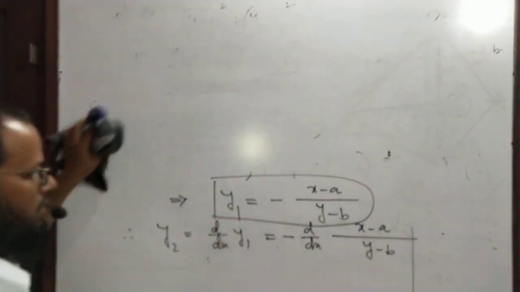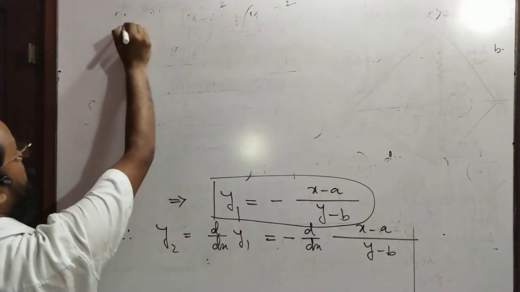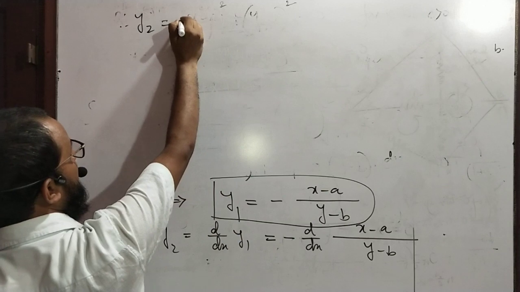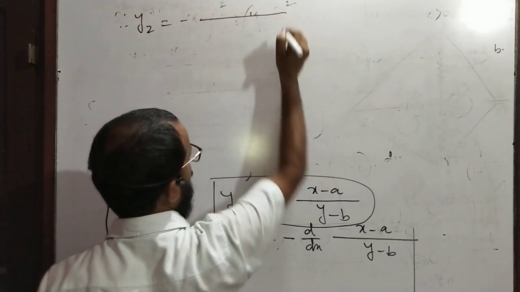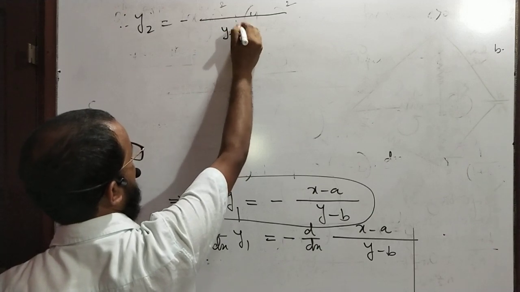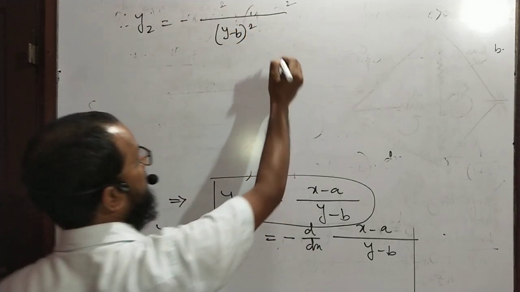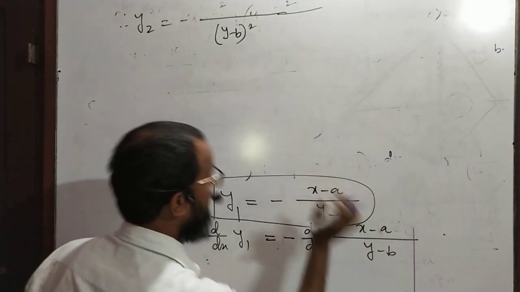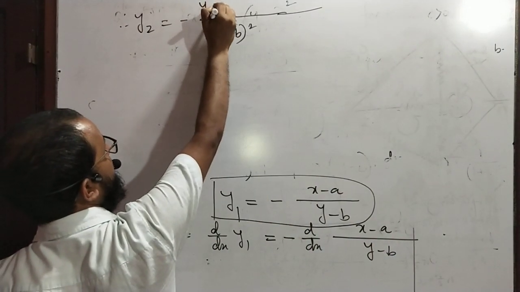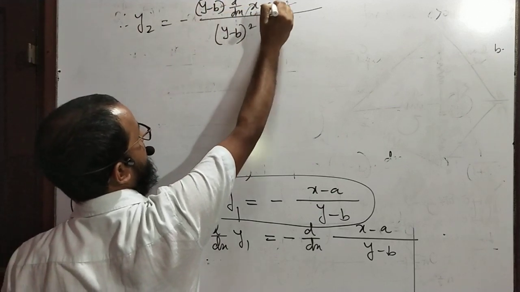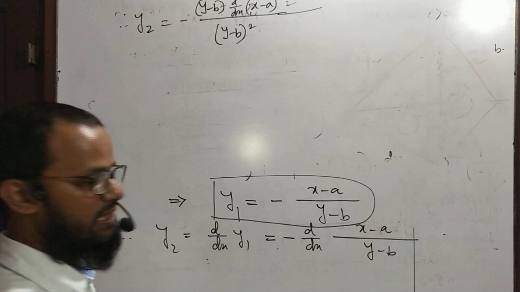Now y2 is equal to, minus है. Again the formula is u by v. तो फॉर्मूला में क्या आता है v square. v square means y minus b whole square. And starting with what v? y minus b into d/dx of u. u means what? x minus a.